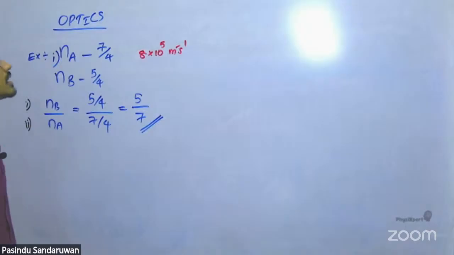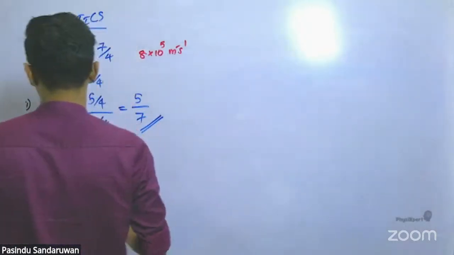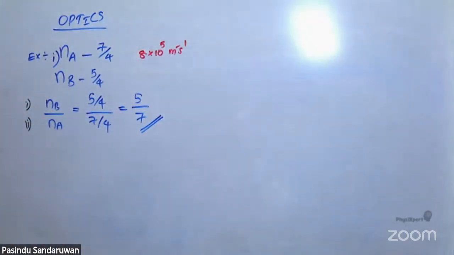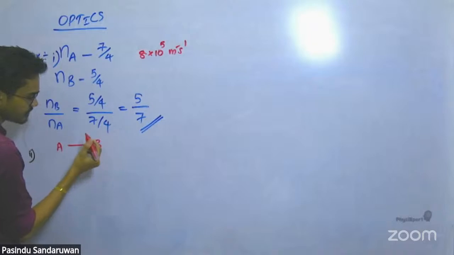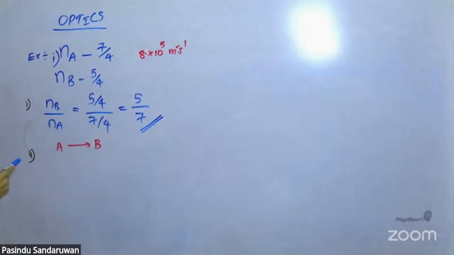And then I asked for the velocity at B. I gave you that the ray travels from A to B. Then we know N1 V1 equals N2 V2.